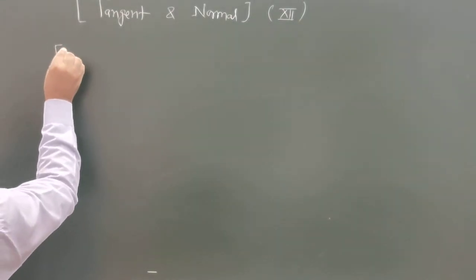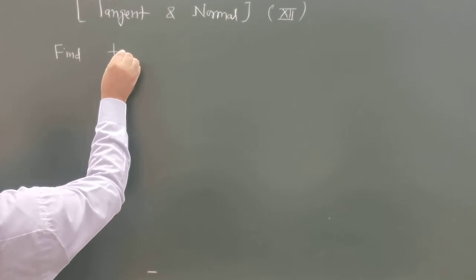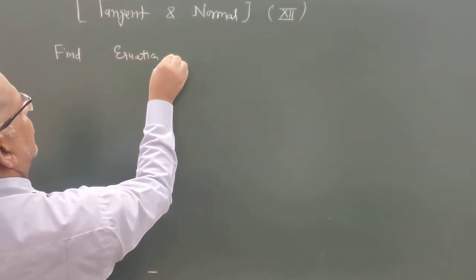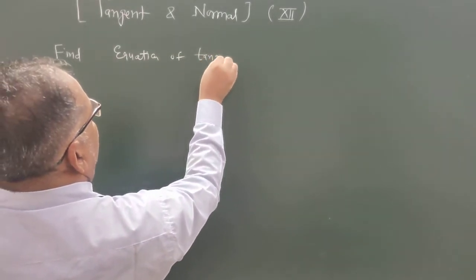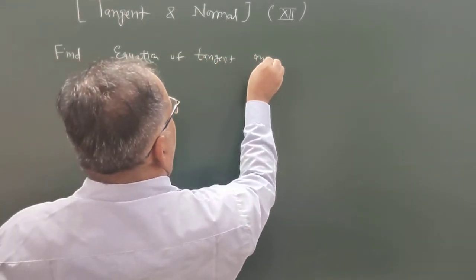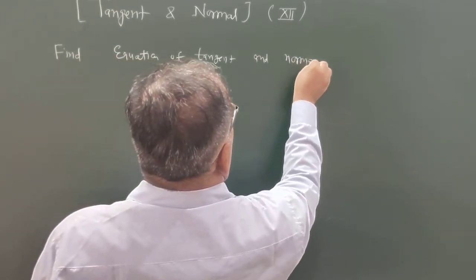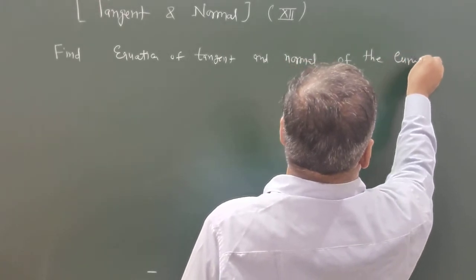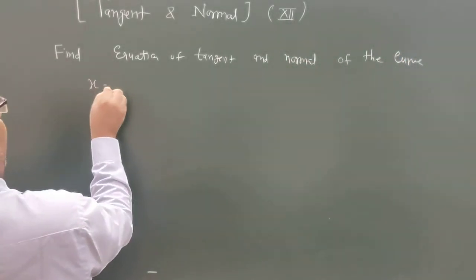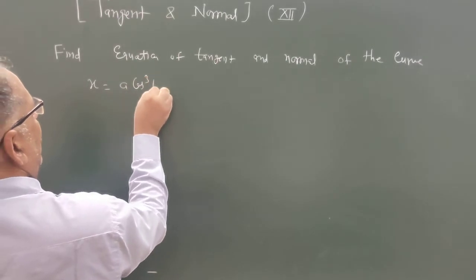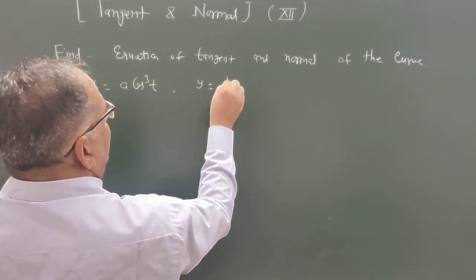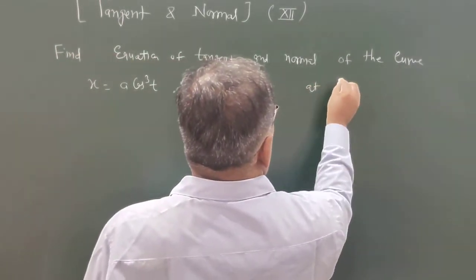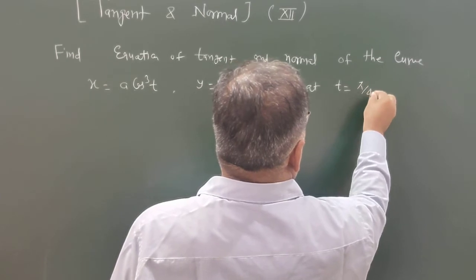Find the equation of tangent and normal of the curve x equal to a cos cube t and y equal to b sin cube t at t equal to pi upon 4.